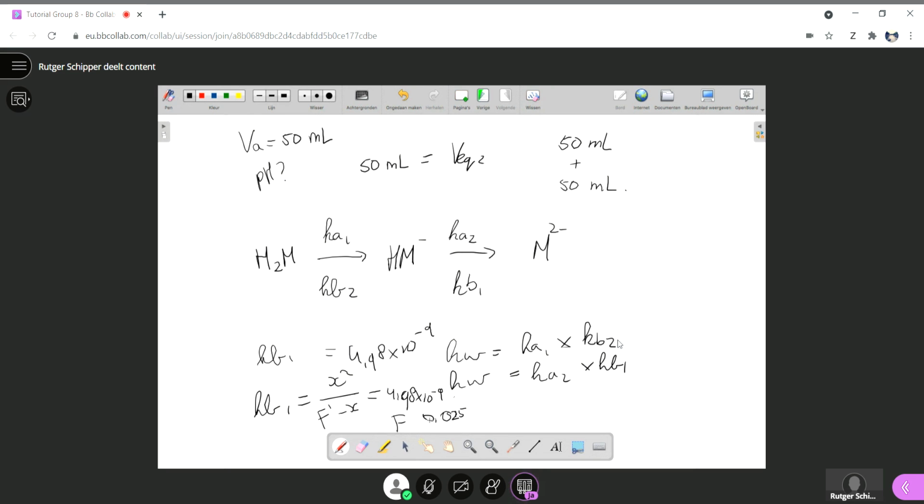So the new formal concentration is 0.025 of this part of the molecules, right? So for the whole titration, some of the malonic acid has been reacted at 25 milliliters. When we added 25 more, all of the malonic acid has reacted to its most deprotonated form, and the formal concentration has been decreased 2 times because we added the same amount of milliliters to our system.